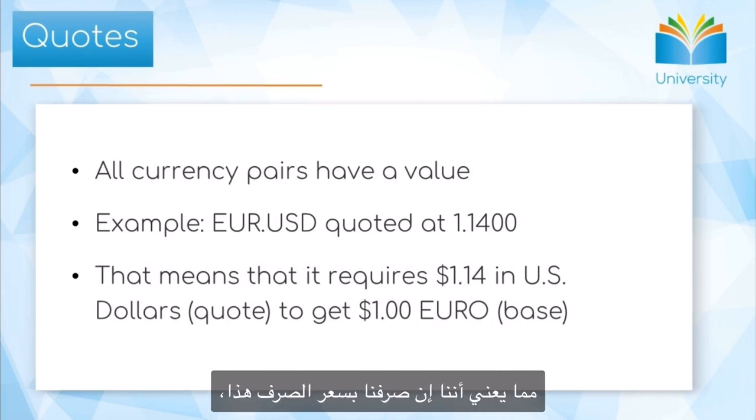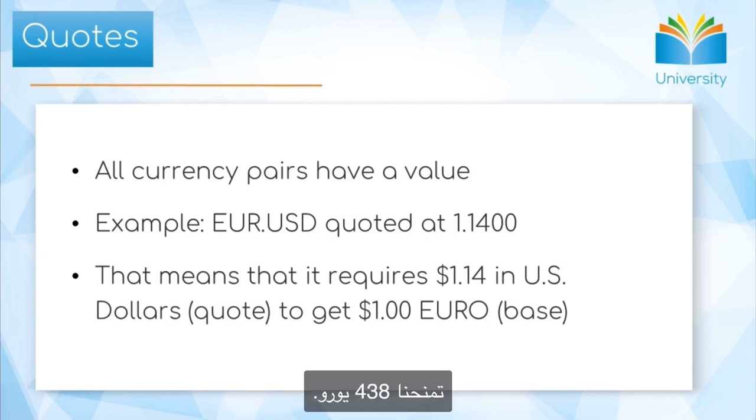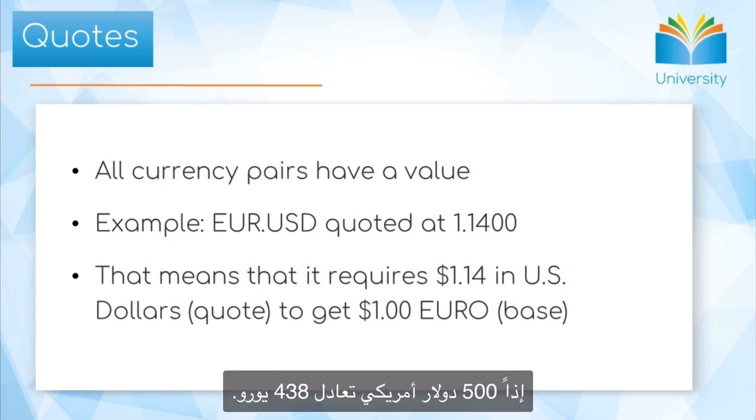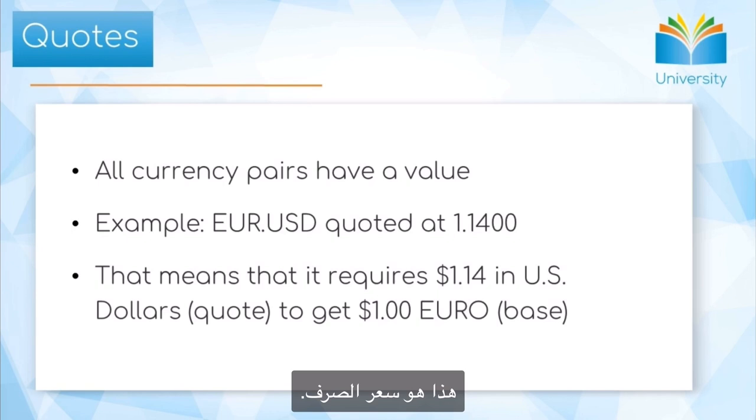If we exchange at that rate, 500 US dollars divided by the exchange rate of 1.14, we would get back 438 euros. So 500 US dollars would be equal to 438 euros. That's what that exchange rate is.